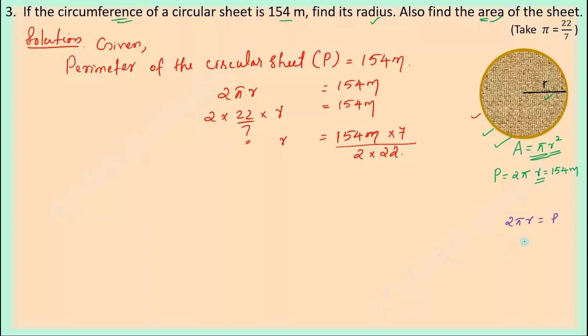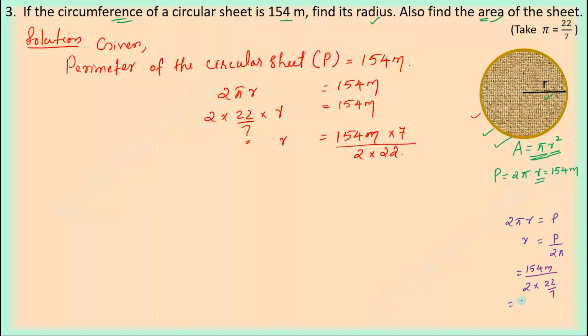Or you can use another formula, that is we know 2 pi r equal to perimeter P. Then for finding r, r equal to perimeter divided by 2 pi. And here if we substitute the values, the perimeter is 154 meter, divided by 2 into pi, which is 22 by 7.